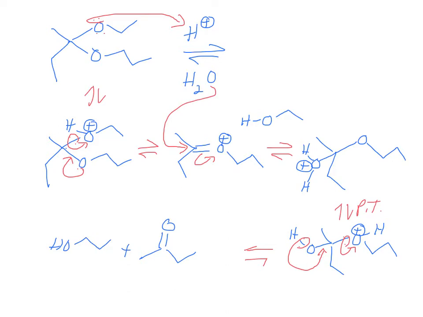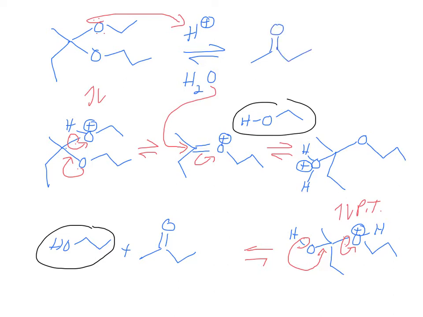So we've generated methanol, or ethanol, and isopropanol from there, and then we remake the ketone. So we've done a lot of work going from ketone to the acetal. This is just taking the acetal and turning it back into the ketone or aldehyde. So this is kind of the reverse of this.